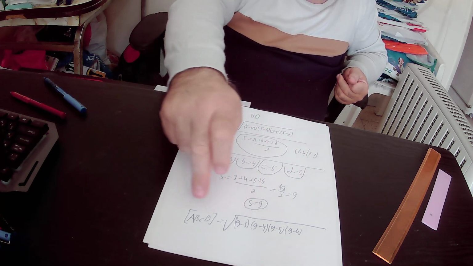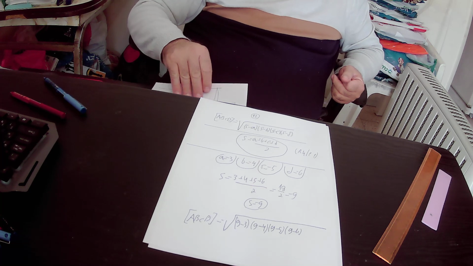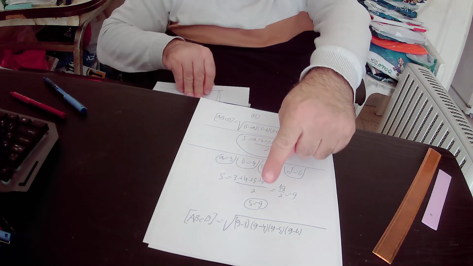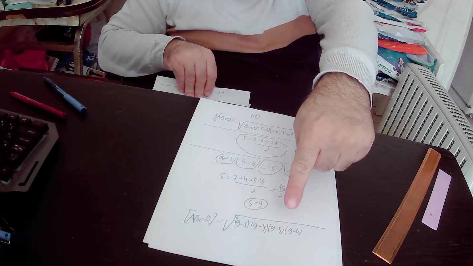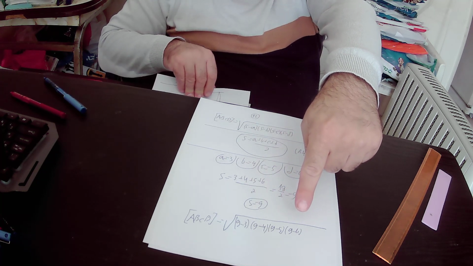So in total we got this expression, and we know that 9 minus 3 is 6, 9 minus 4 is 5, 9 minus 5 is 4, and 9 minus 6 is 3.